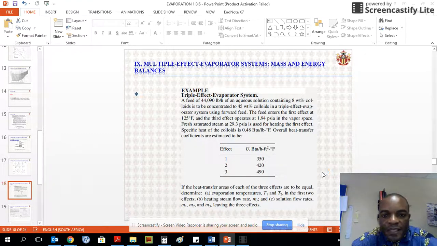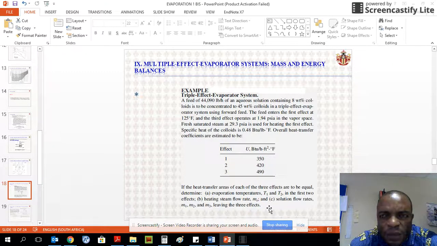The flow rate of the feed is provided to you, as well as the heat transfer coefficient, the pressure in the first and the last effect, as well as the pressure at which steam is provided. The questions are, we have to find the evaporation temperature at effect number 1 and number 2. We have to find the flow rate of the steam, as well as the solution flow rates M1, M2, and M3, which are leaving the three effects of the evaporator.